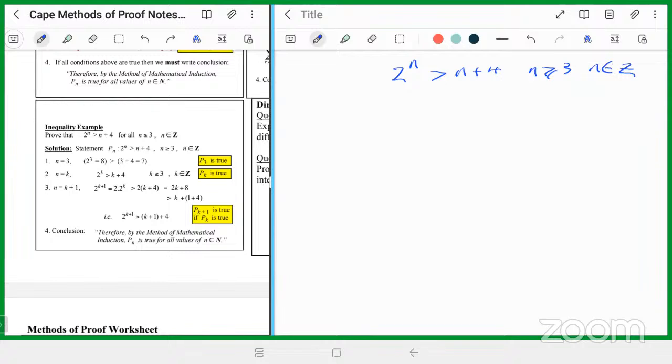So you're starting at 3. So you write the statement the same way. You can basically let Pn be this. So we're going to say let Pn be such that, and you write that. So to give you this to prove, you make the statement with that. We're starting at 3.